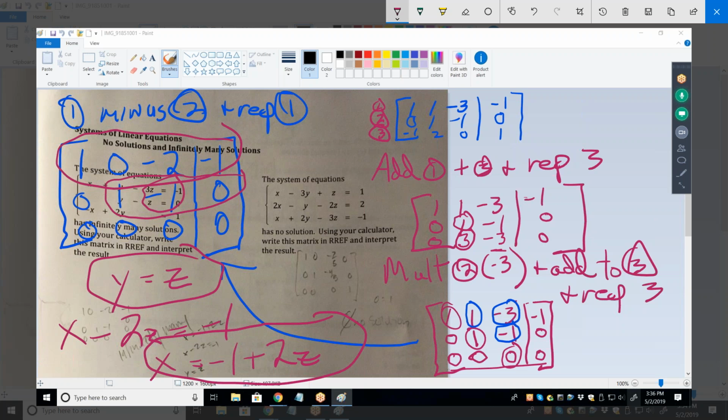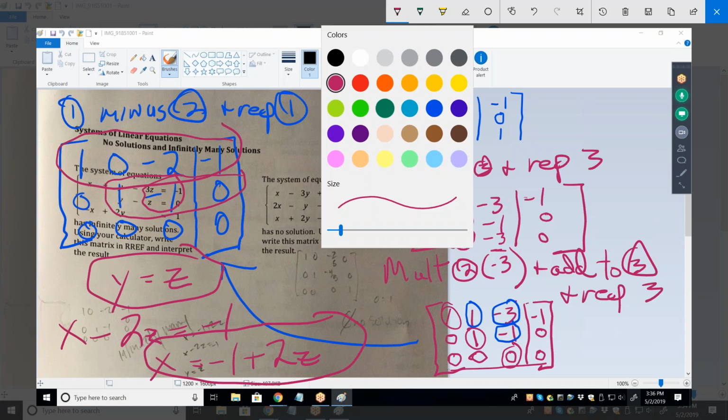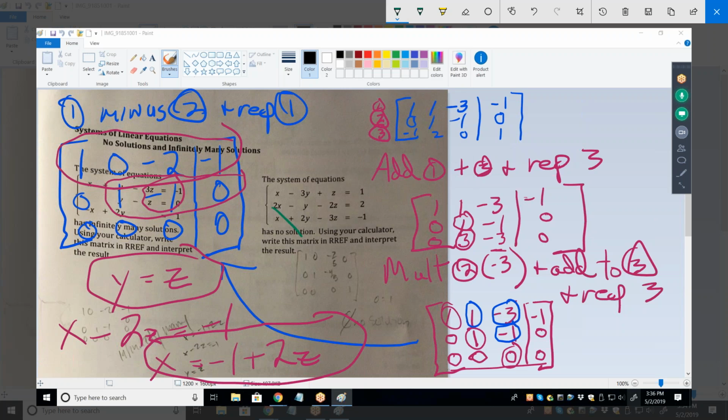For example, in the middle of the screen, if I say x plus y equals 10, that's one equation only, but it's got two variables. And there are infinitely many solutions. X could be 1, y could be 9, x could be minus 1, y could be 11, and now you can see that there's infinitely many.